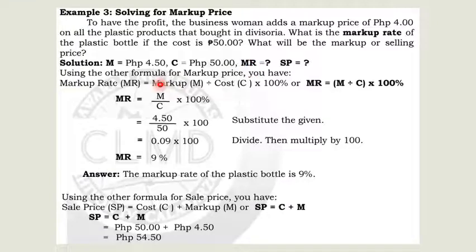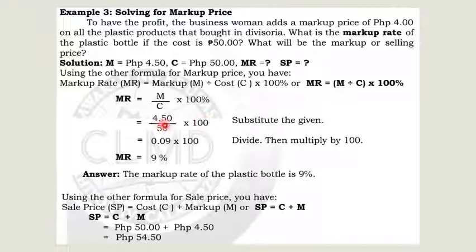So, para makuha ang MR, we just have to divide markup and cost, then, times 100%. So, yung markup natin, ano ba yung markup natin? 4 and 50 centavos. So, yun yung atin. Then, yung cost natin is 50 pesos.